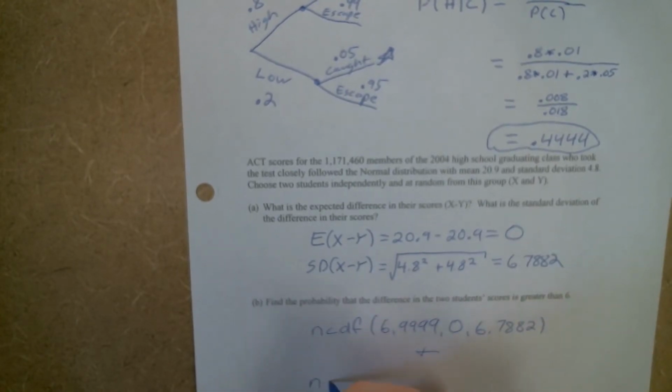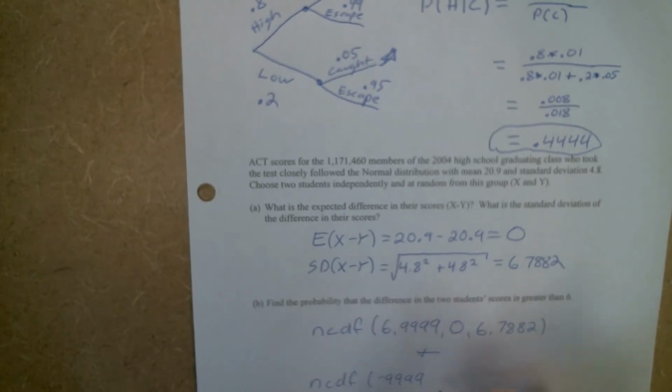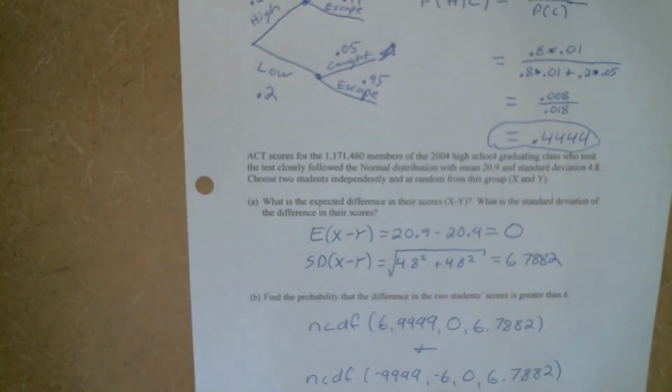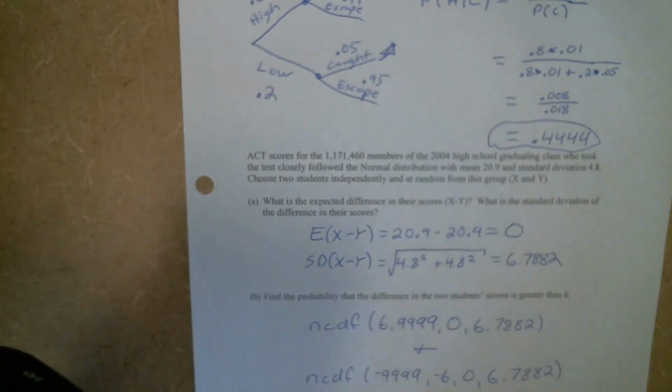And we're going to do an NCDF from negative 9999 to negative 6 when the mean is 0 and the standard deviation is 6.7882. Right? Because again, it could be that X is 6 points higher, or it could be that Y is 6 points higher.